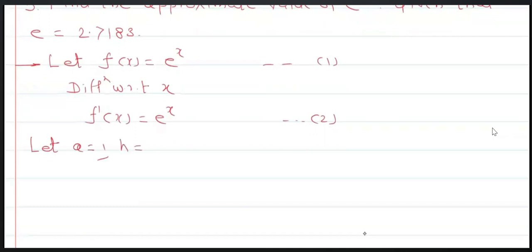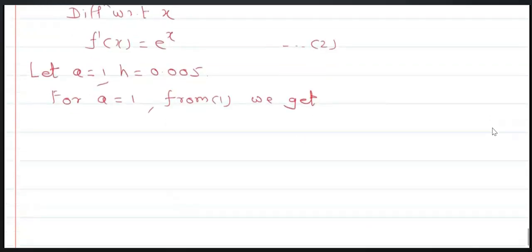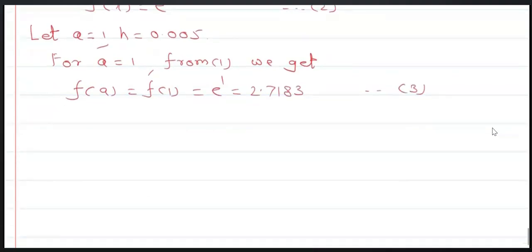Now here a is equal to 1 and h is equal to 0.005. Therefore from 1 we get f of a is equal to f of 1 is equal to e raised to 1, and the value of e is 2.7183.